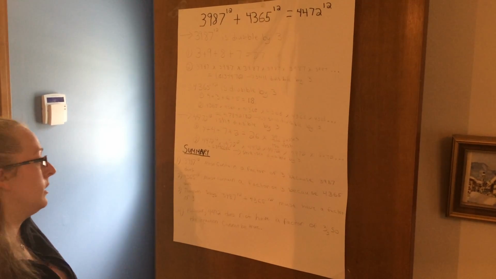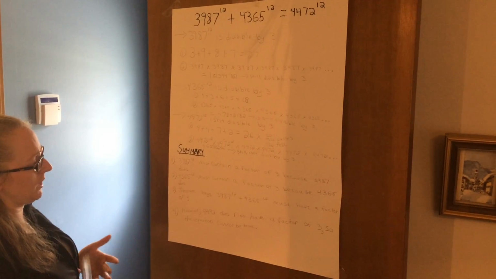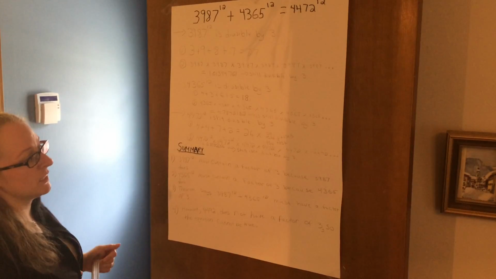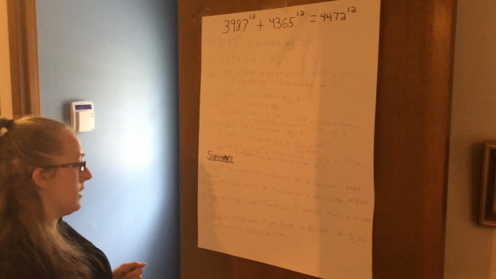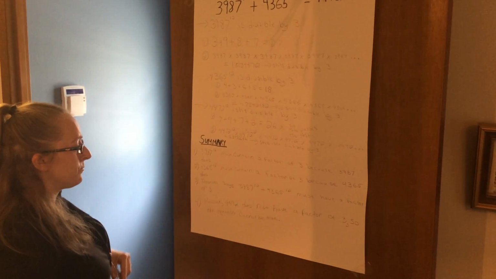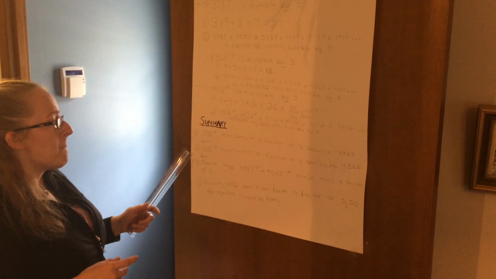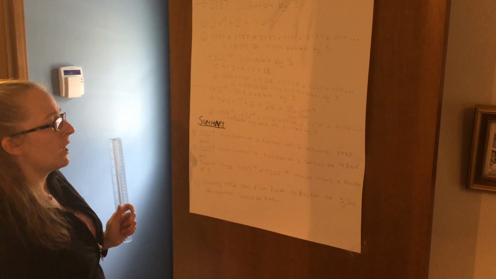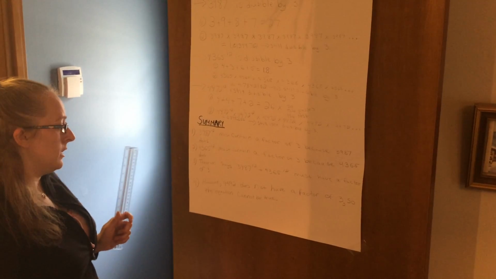In summary, we know that firstly, 3,987 to the power of 12 must contain a factor of 3 because 3,987 does. Secondly, 4,365 to the power of 12 must contain a factor of 3 because 4,365 does.